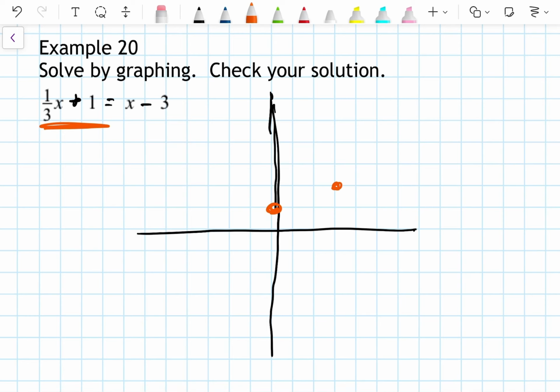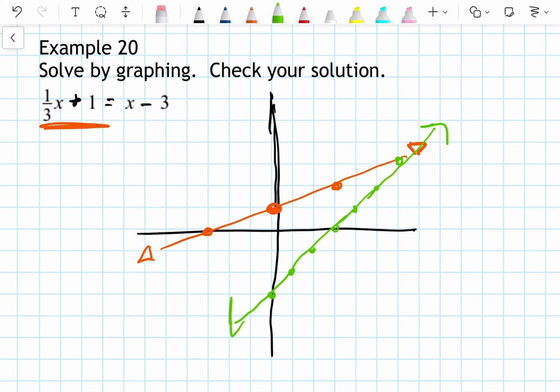So I'd go up 1 and over 3, down 1 and left 3. The other line would have an intercept at negative 3 there with a slope of 1. It'd be like that.